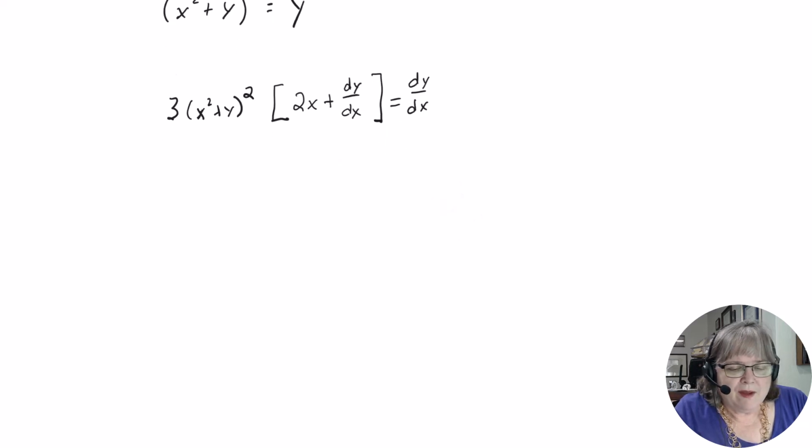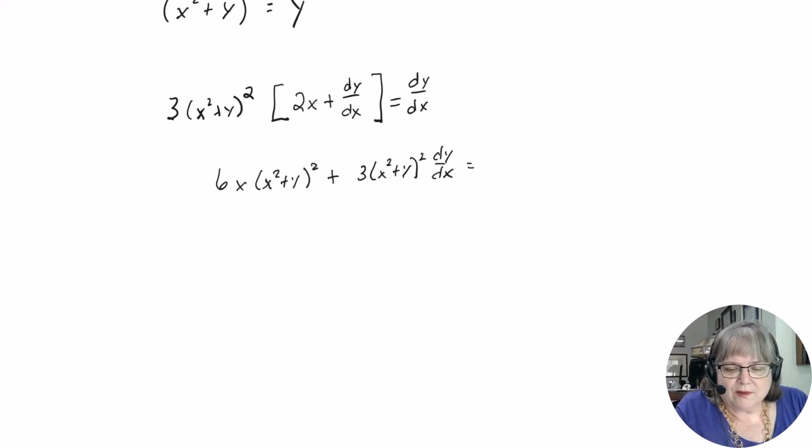All right. So let's see. This is the distributive property on the left. So we would have 6x times (x squared plus y) squared plus 3 times (x squared plus y) squared dy dx equals dy dx.